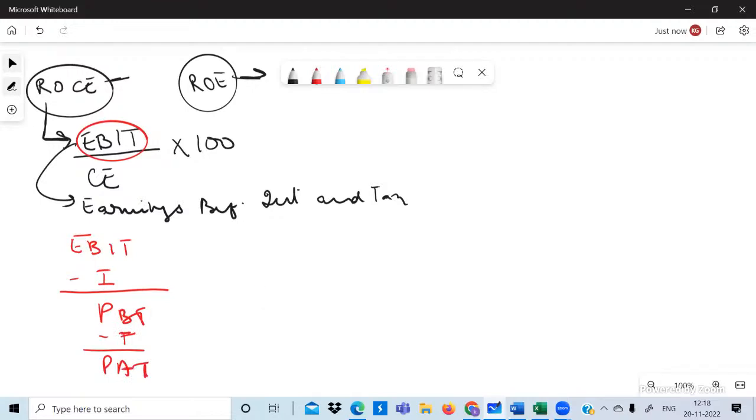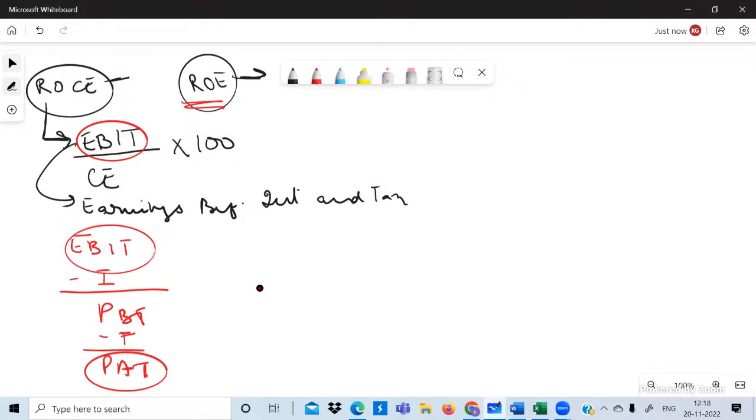So when I'm looking at return on equity, I'm fine with this because from PAT, I will give dividends to my shareholders. But when I'm looking at ROCE, I'm looking at a return for anyone and everyone, that's the shareholders and the lenders. So I have to give dividends, I also have to give interest. So I'm looking at a number which is pre-interest, pre-dividend, and therefore that is nothing but your EBIT.